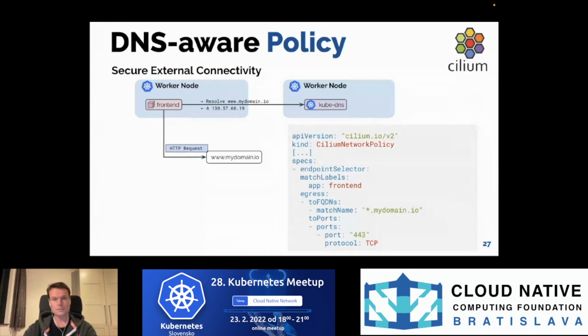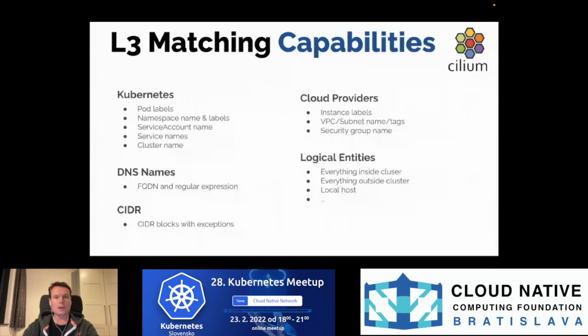So a bit about matching capabilities. This is about the identity and the matching of those identities using Cilium. So we match against pod labels or namespace names and labels, service accounts, service names, or cluster names. Like I said, fully qualified domain names, CIDR blocks with exceptions, but also in case of cloud providers, instance labels, VPC, subnet names, tags, security group names, and inside a cluster, logical entities.